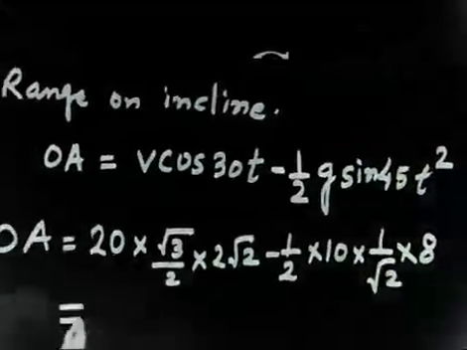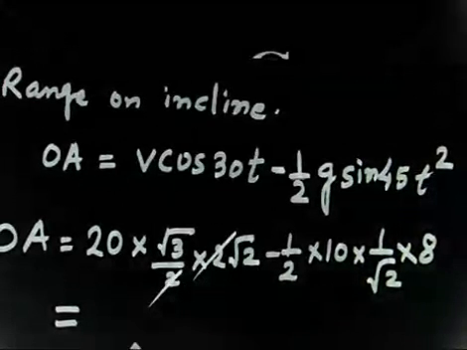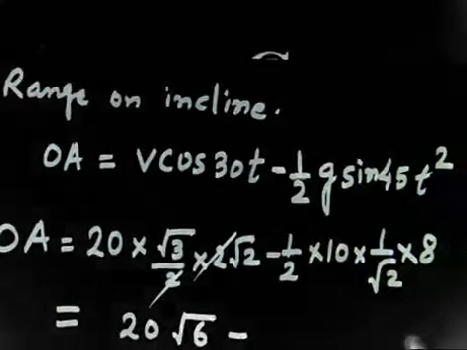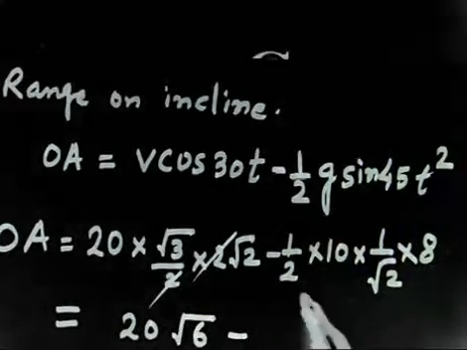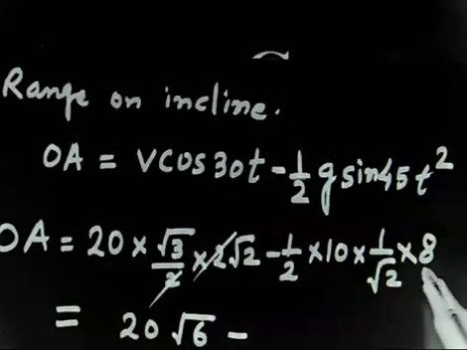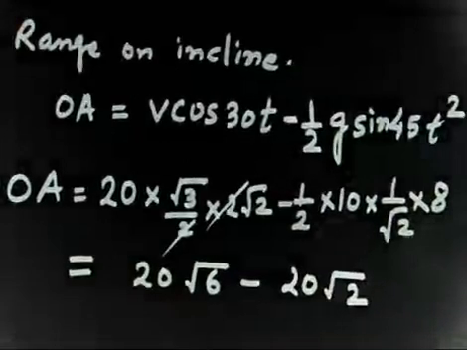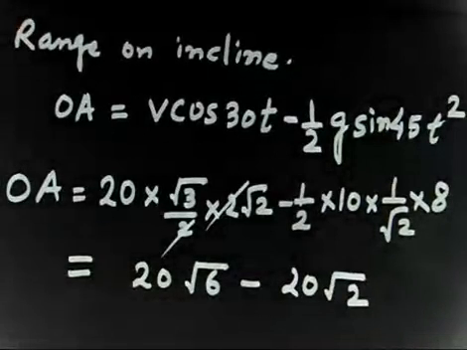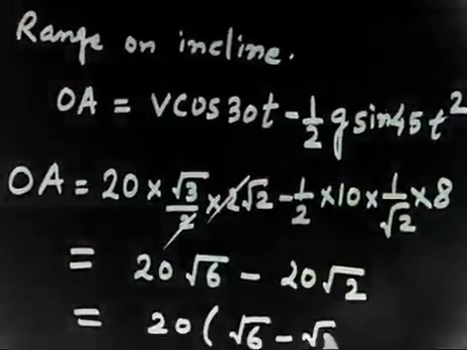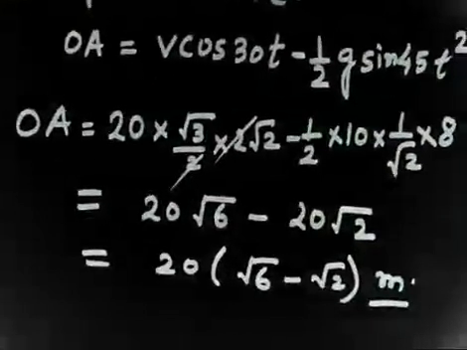So this comes out to be 20 into root 6, minus 2 root 2 into 20, so this is 20 root 2. Let us check again whether we are getting the same thing or not. If you take 20 common, this is 20 times root 6 minus root 2. So this is in meters, that is the distance covered over the incline.